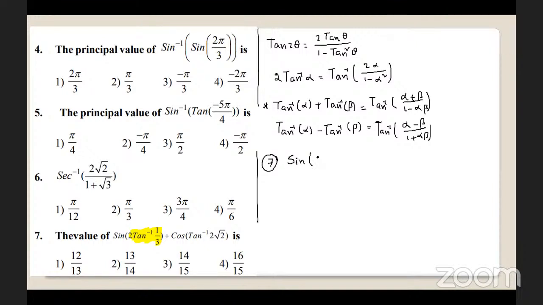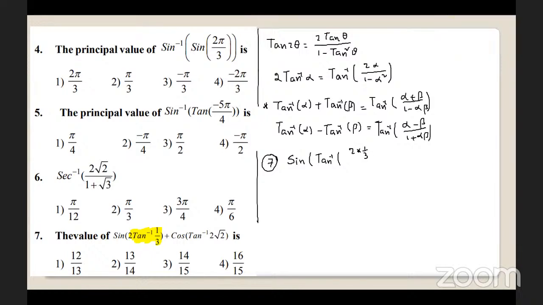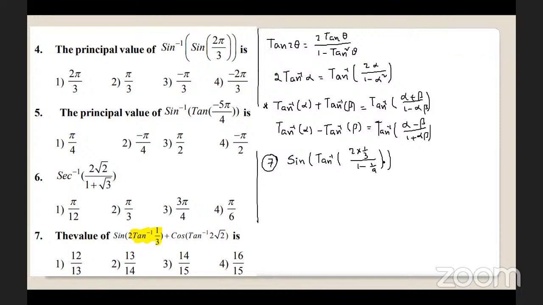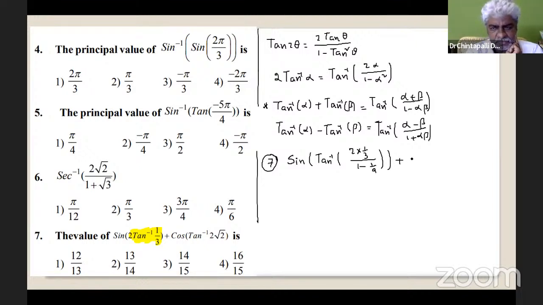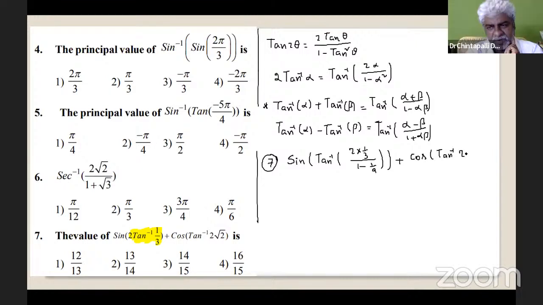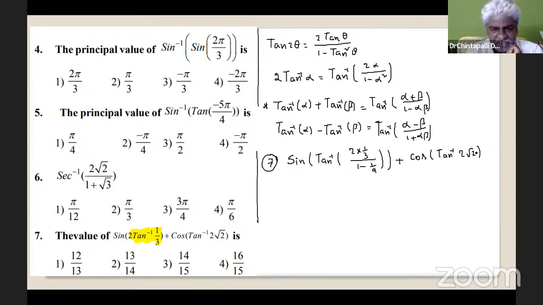Sine of tan inverse of 2 times 1 by 3 by 1 minus 1 by 9, plus cos of tan inverse 2 times 2 root 2 by 1 minus 8.